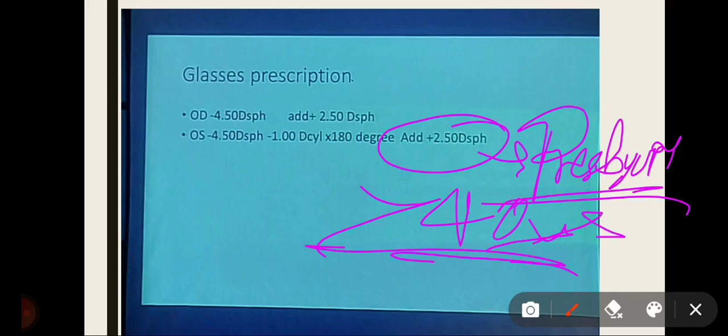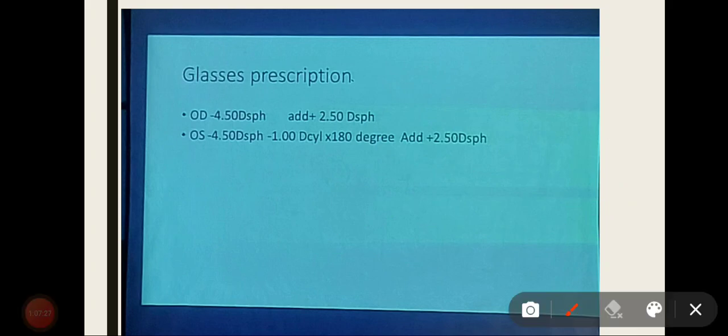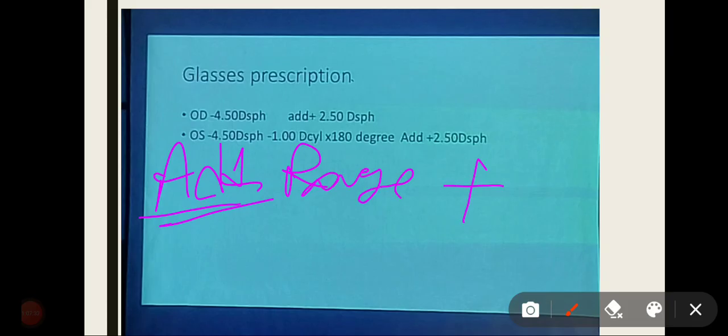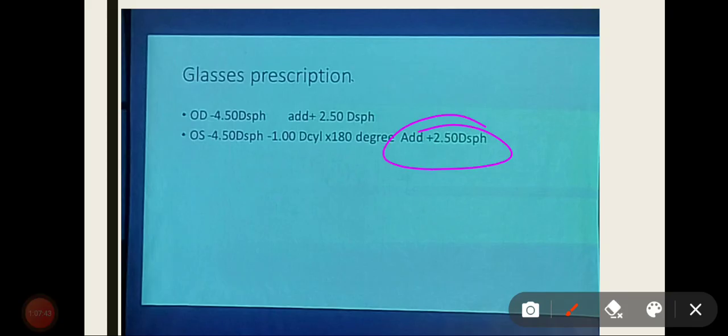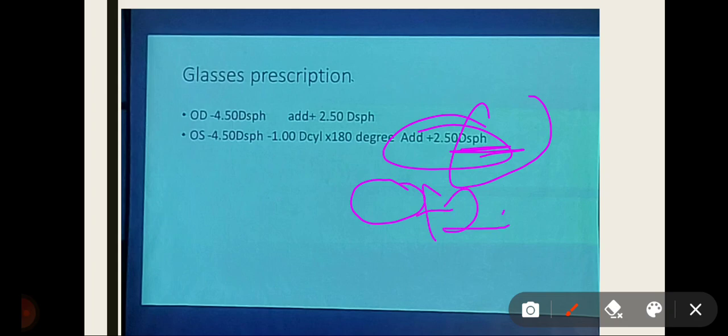The addition range will be plus 0.75 to plus 3.0 diopter. Example, this plus 2.5 diopter spherical is for the reading glass. So the spherical glass will be added at plus 2.5 diopter.